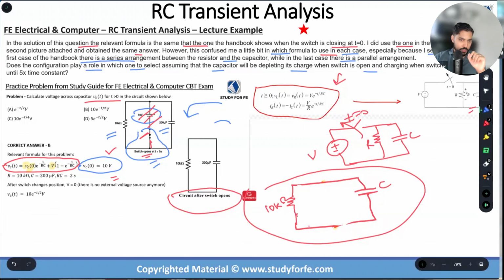Otherwise, for such a simple, straightforward problem, you can be prone to the type of confusion that the student presented in this question. And then the tendency is, okay, tell me which formula I need to use for which scenario. That's not how it works. Okay? Is that clear, guys?